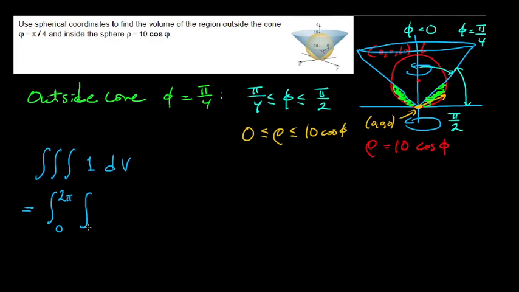Phi goes from pi over 4 to pi over 2, and rho goes from 0 to 10 cosine phi. You just have to remember that in spherical coordinates, dV is rho squared sine phi d rho d phi d theta. That is the quantity we're going to be integrating.